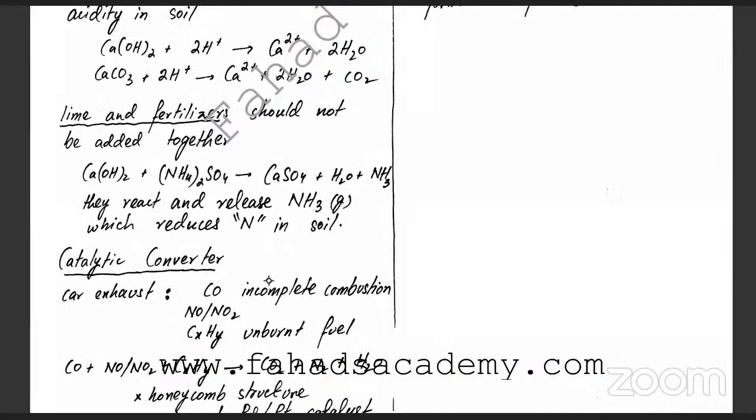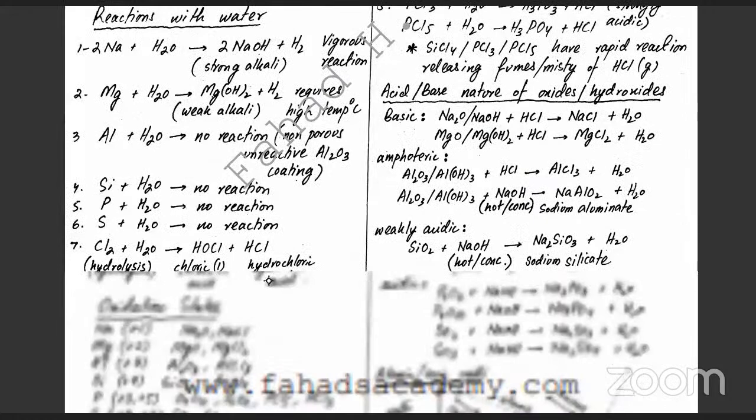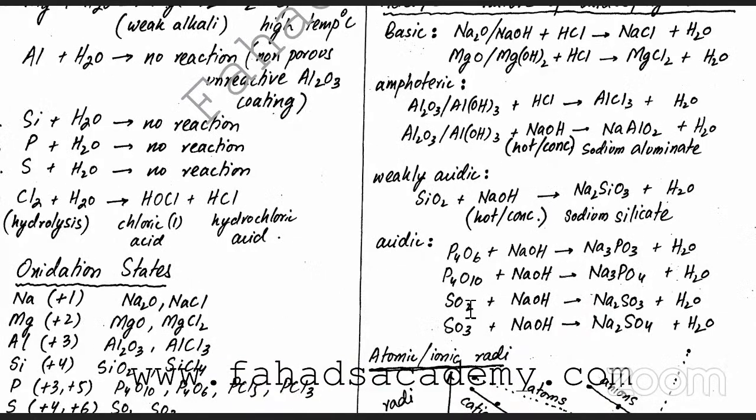Always remember when you have to make equations for these acidic oxides, think of SO2 as H2SO3. Think of SO3 as H2SO4. The sodium sulfate will form. If you have this other one, just a second.